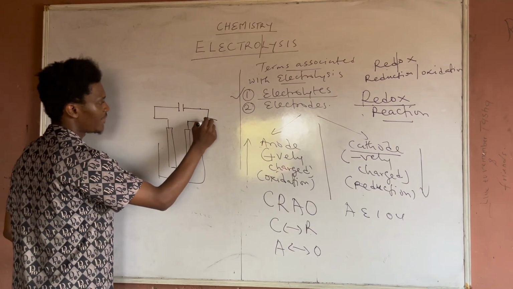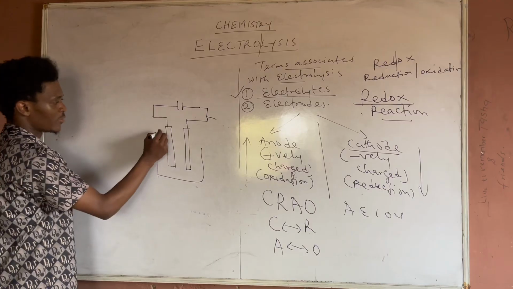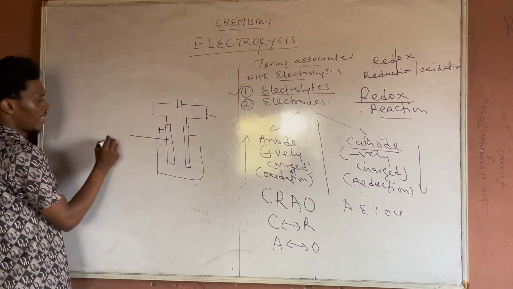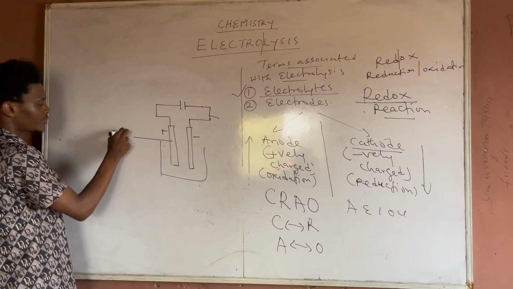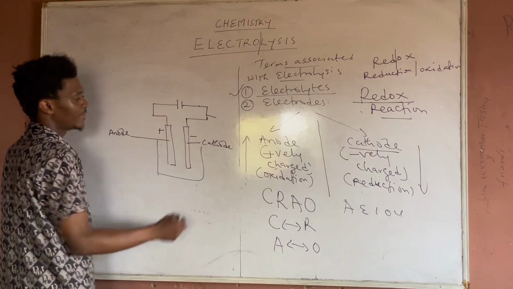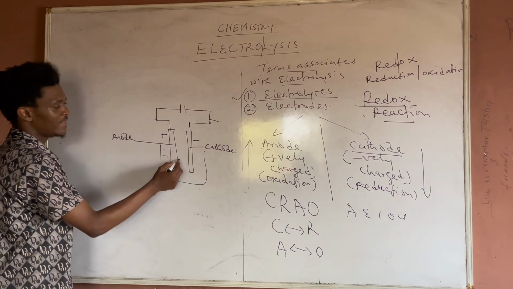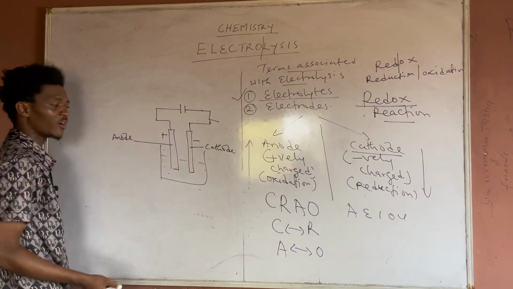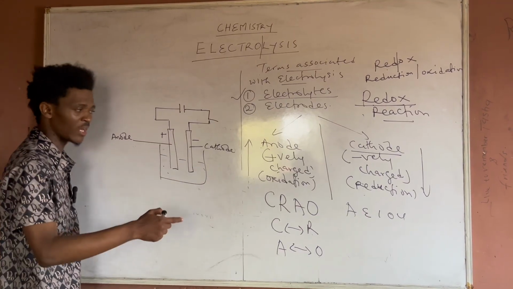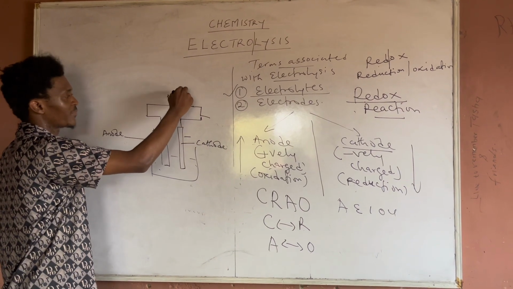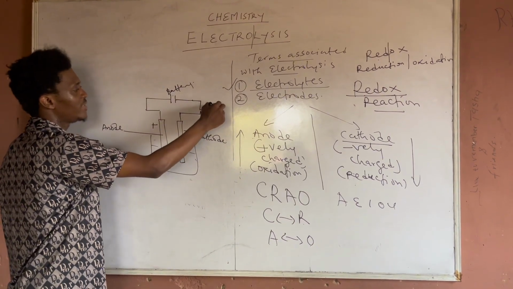And then of course, let's say this is positive and this is negative. Of course, this should be the anode, while this one is the cathode. Let's say in this beaker or trough you now have the solution within. The solution is actually the electrolyte. You understand the point now? So this is somewhere around the battery source, and this is actually the key.